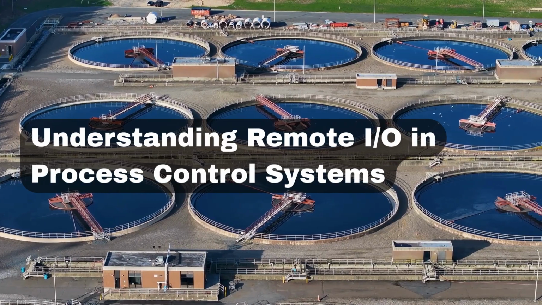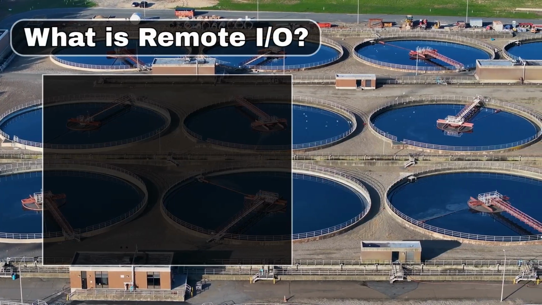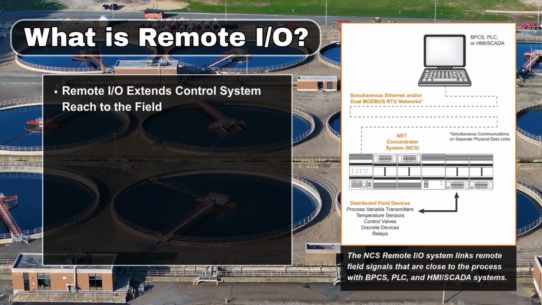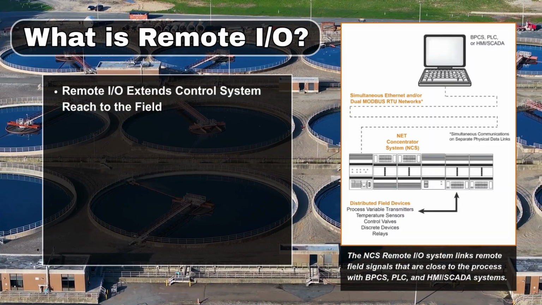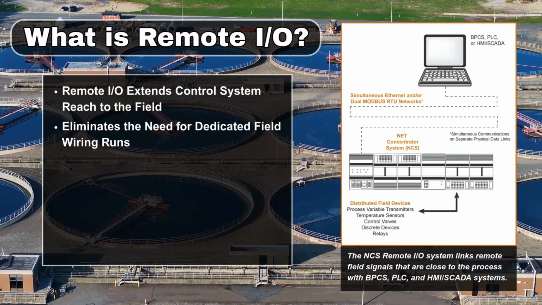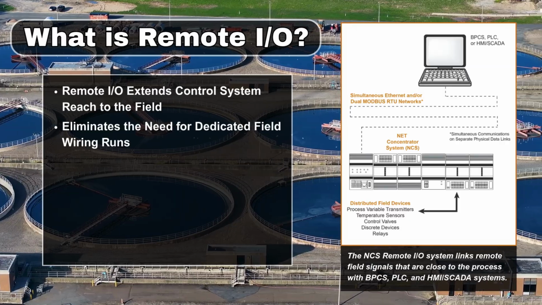Remote I/O, or remote input-output, is a method of extending the reach of a control system by placing signal interface hardware closer to the process, rather than running long runs of field wiring all the way back to a central control room or marshalling cabinet.